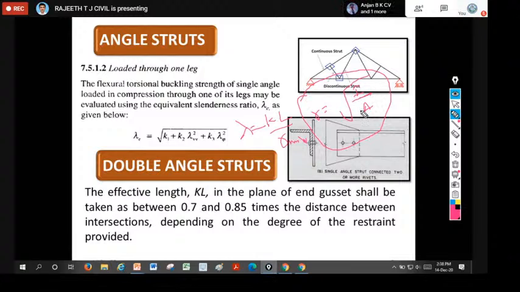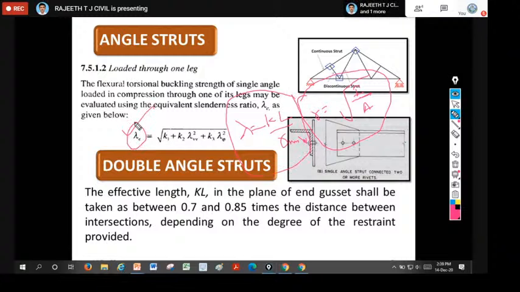If you want the radius of gyration about the y axis, you take the moment of inertia about the y axis over the area. And for r minimum, whichever is the least I value, that moment of inertia with the corresponding area you should take. To know the strength of the compression member or the angle struts, this is the lambda formula you should know.